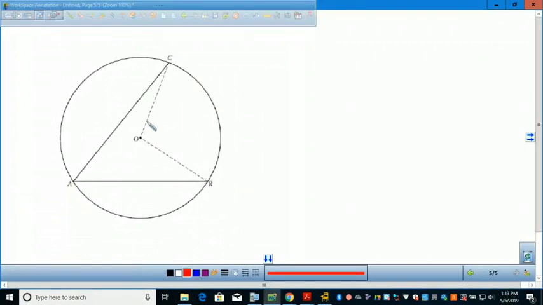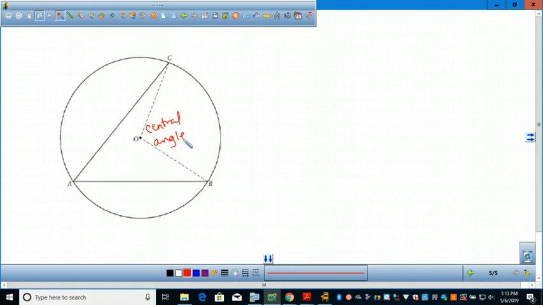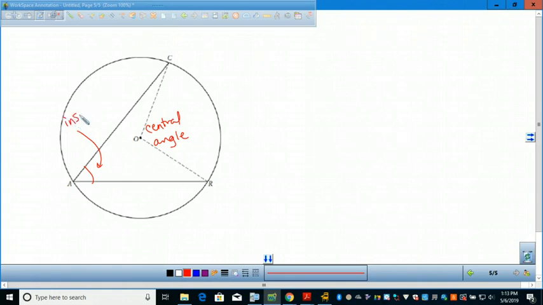First of all, this is called the central angle. The central angle is in the center. Central angle. This here is called the inscribed angle.